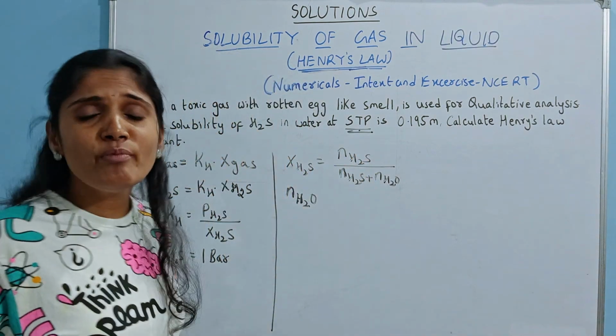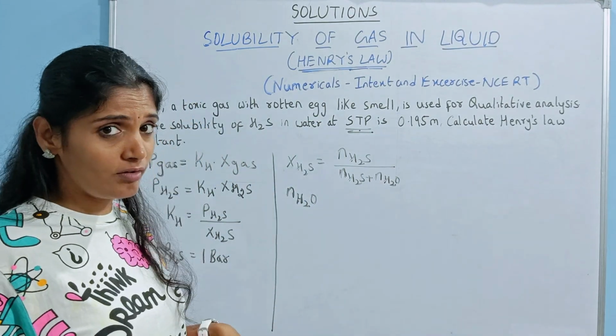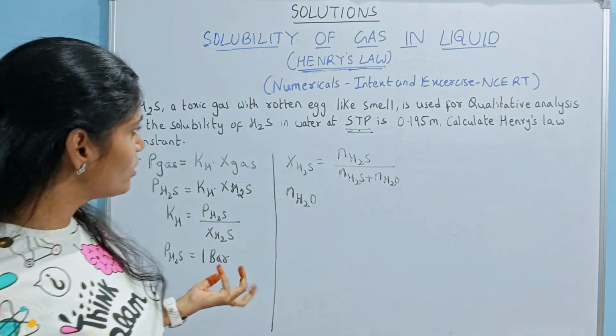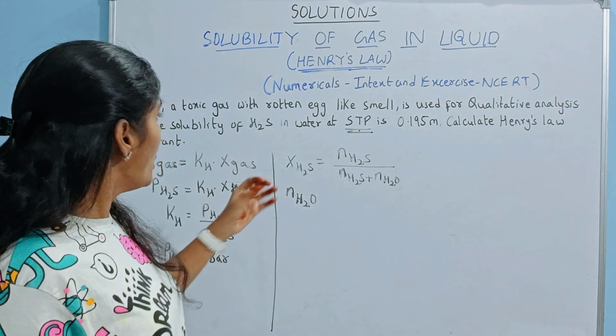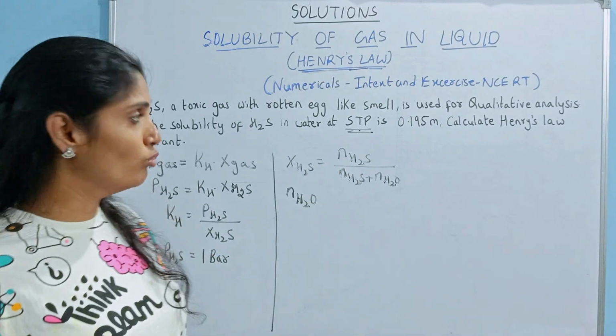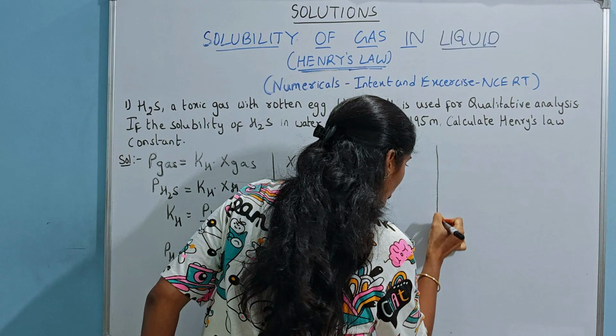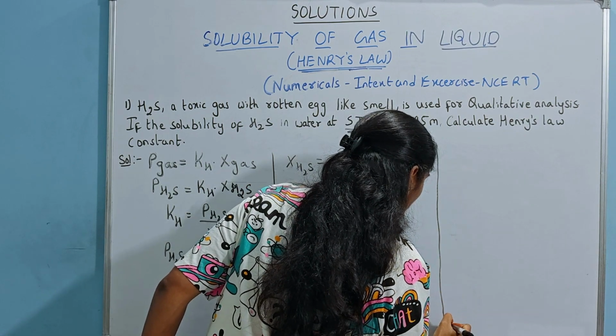But what information do I have to find the number of moles of H2S? Nothing. I don't know the mass of water, because it is not given in the question. I don't know the mass of H2S either. So we'll keep this on hold for some time, because we don't have the data needed to solve this here.